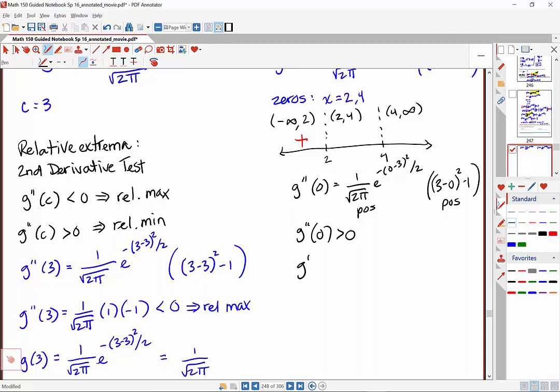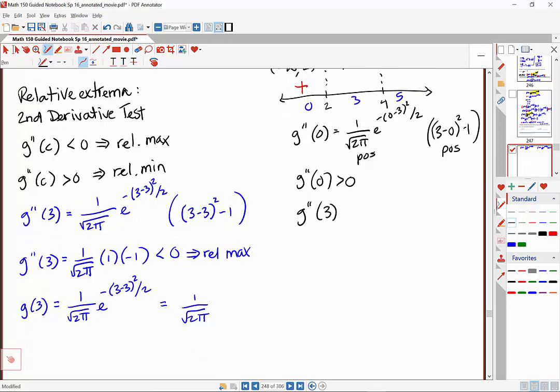So we're choosing to test 0, 3, and 5. G double prime at 3 we already have from over there, from the second derivative test, and we know that that's less than 0.